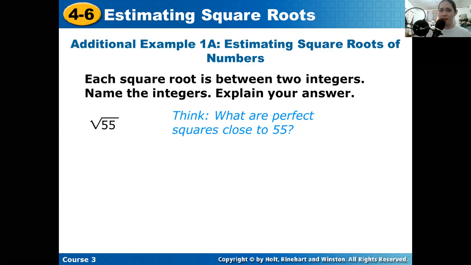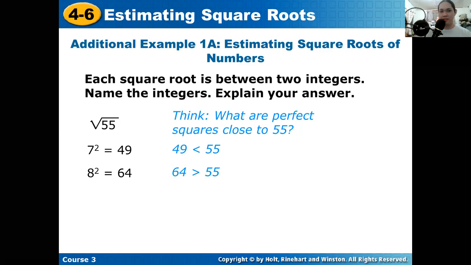No, that's too far from 55. 4, too far. 9, too far. 16, no. 25, no. 36, no. 49, no. Let's see. Yes, you're correct. 7 squared is equal to 49.